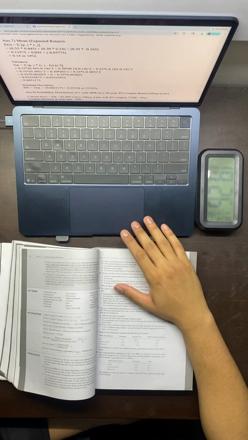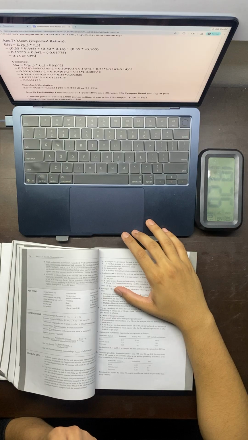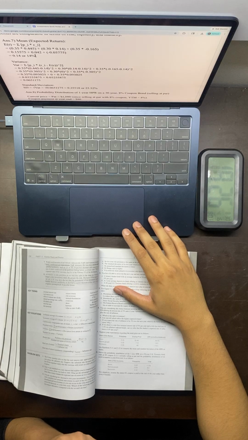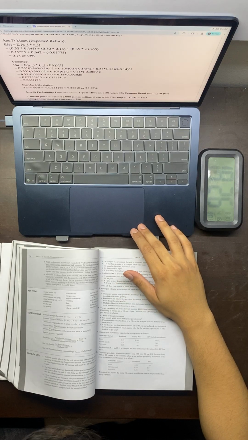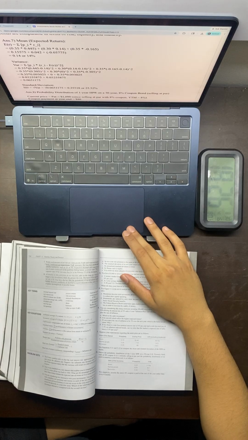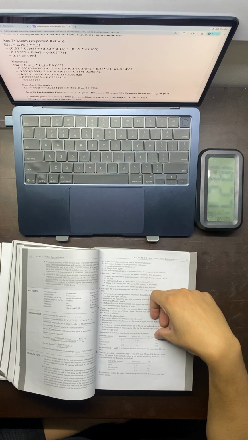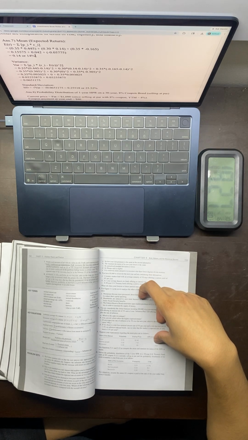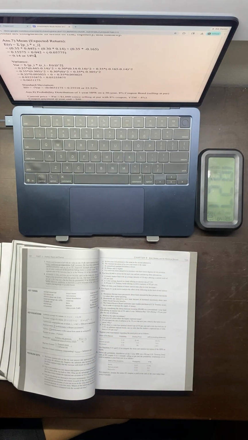Variance. So in variance we are multiplying the probability into the bracket open 0.445, which is the return for this one, minus 0.14, which is the expected return, which we just calculated, to the power 2, whole square.